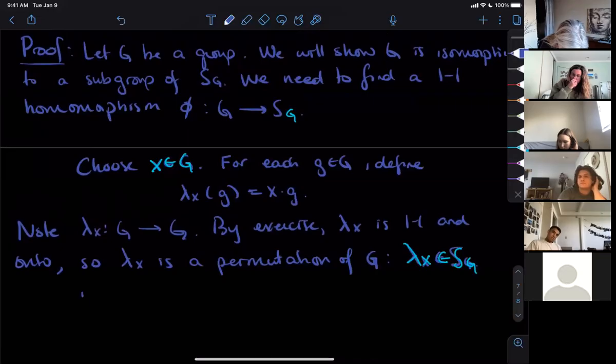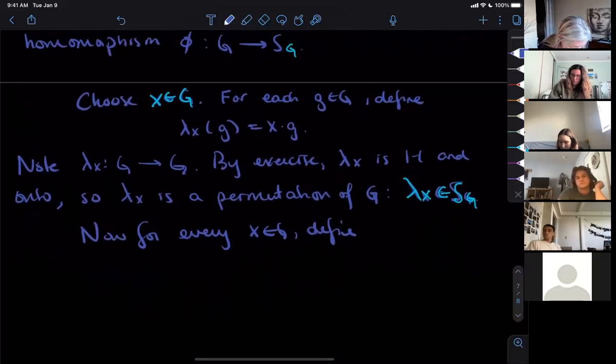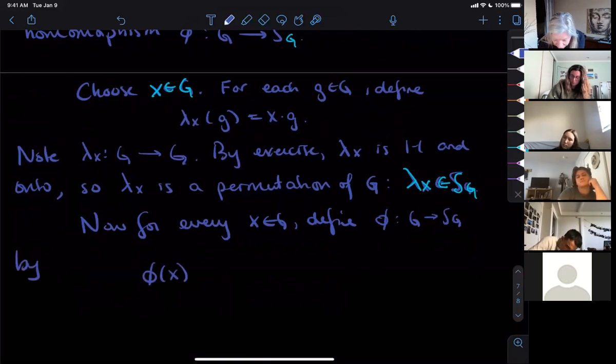Now for every X in G, I'm defining it in general. Define phi, which goes from G to S of G, by phi of X. What permutation does X go to? It goes to the lambda X permutation.